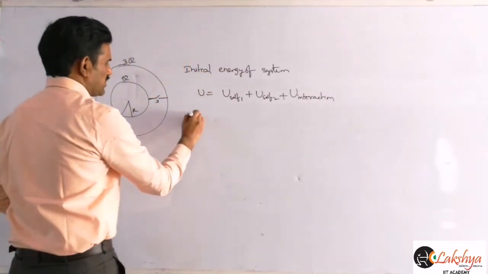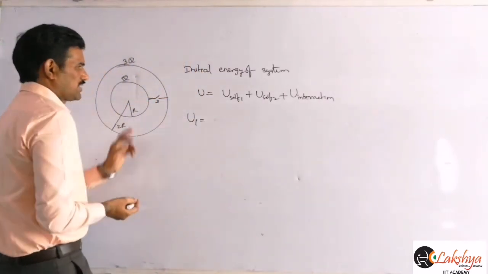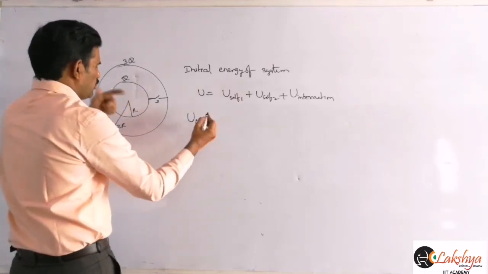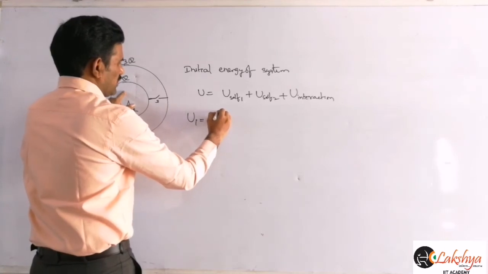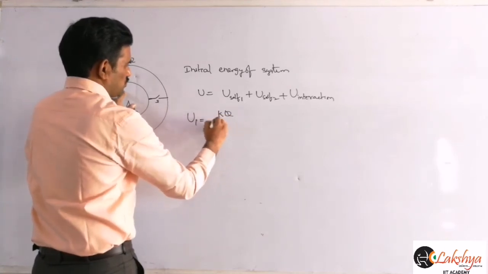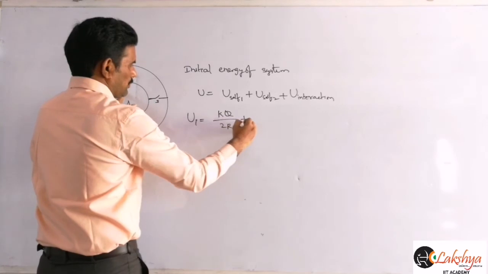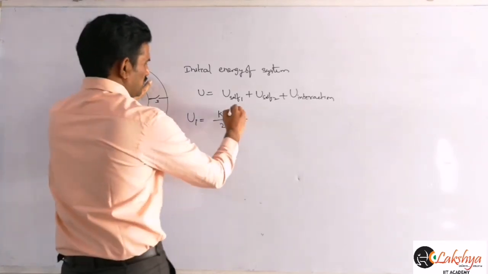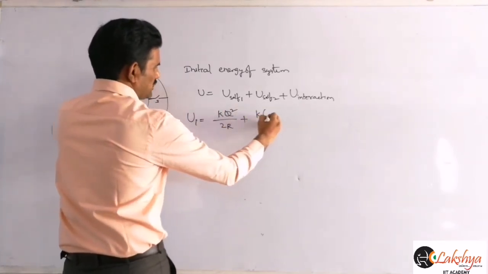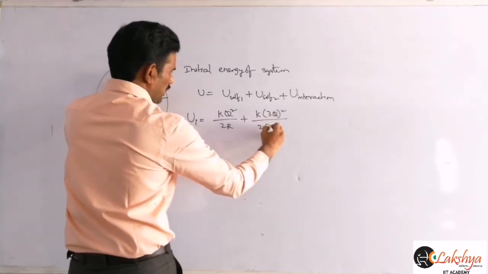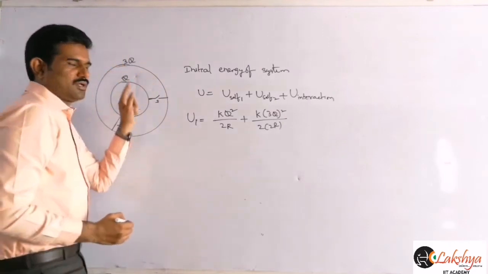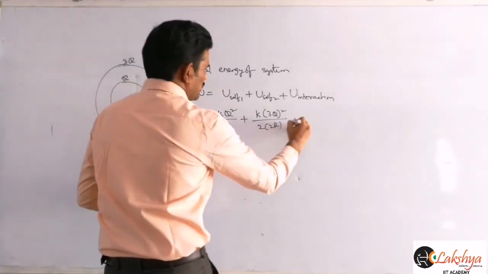Since both are conducting shells, the self energy is kQ²/2R plus k(3Q)²/(2·2R), plus the interaction energy.